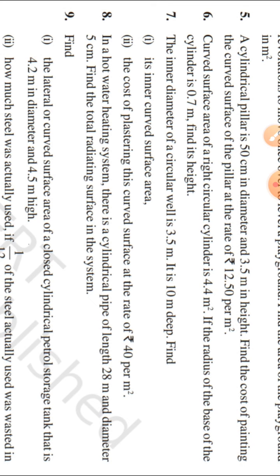So I am not going to that hint portion. Just understand. First of all, remove this point, so it will become 44 by 10, means 22 by 5. And the radius is given 0.7, so means 7 by 10. Then only place these values in the formula and make h the subject.